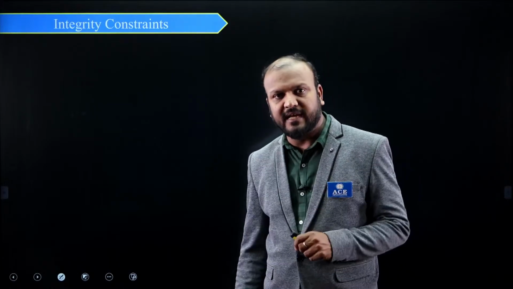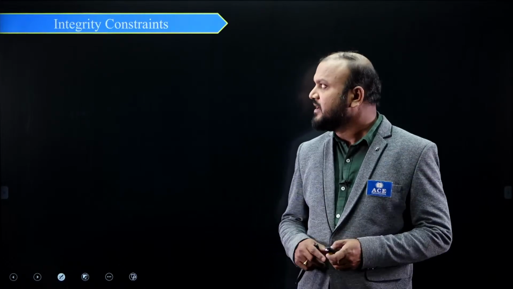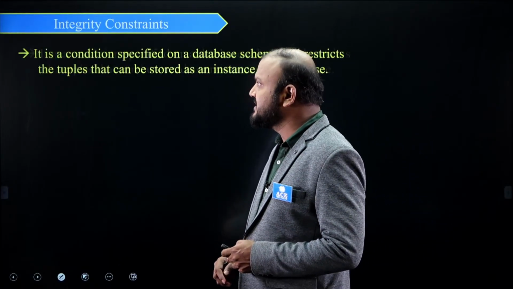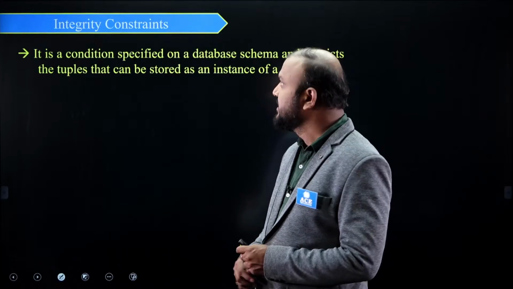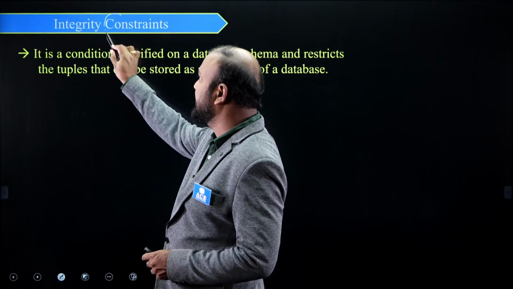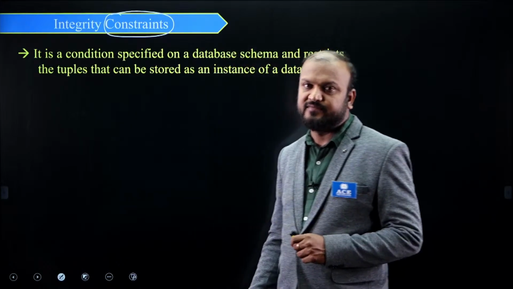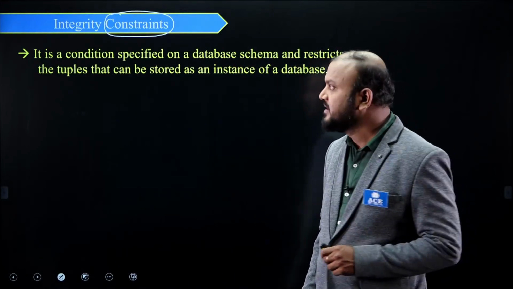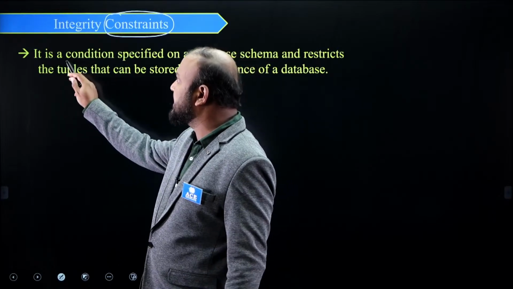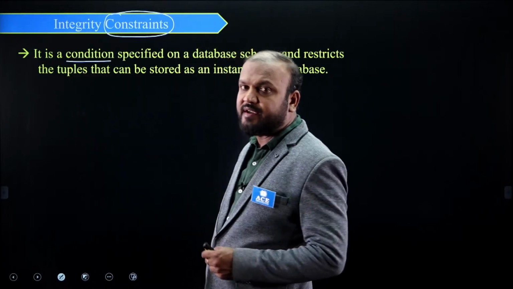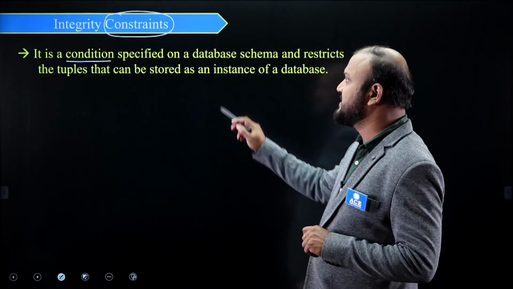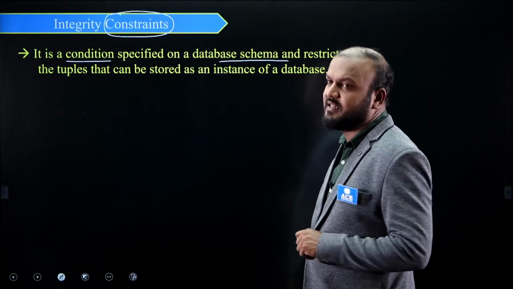Have a look at a concept called integrity constraints. Now what is the meaning of integrity constraint? Simple. Constraint is nothing but a condition. It is a condition on a relation schema, specified on a database schema.